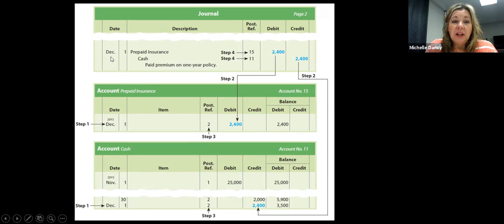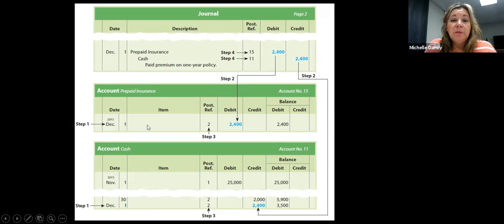So I go to my first line, December the 1st, prepaid insurance, debit, $2,400. So I'm going to follow this arrow down here to my prepaid insurance account. I'm going to copy the date, December the 1st. I'm going to leave this item column, excuse me, blank for now.